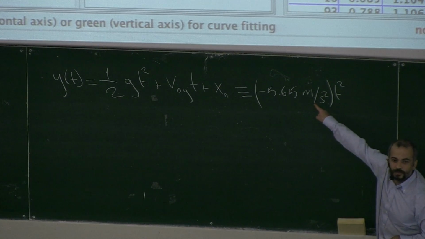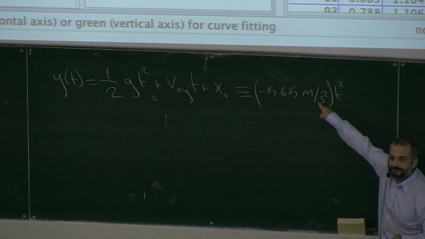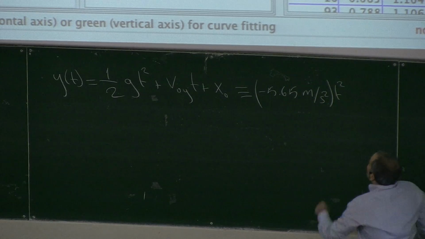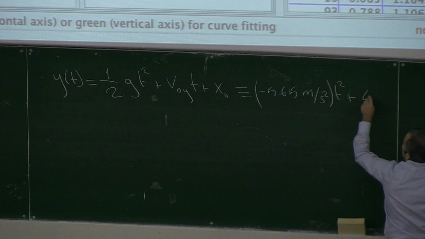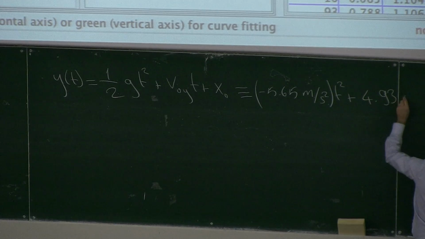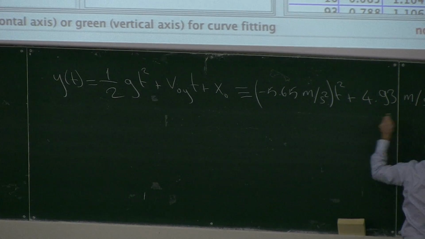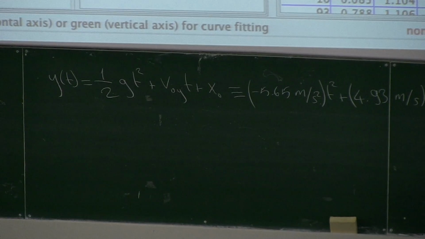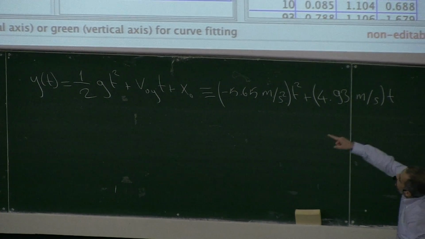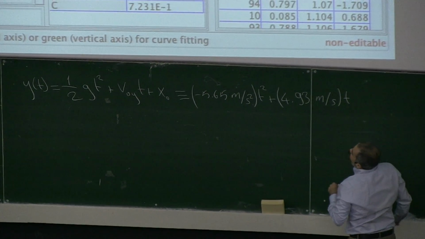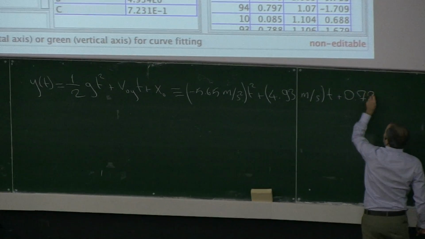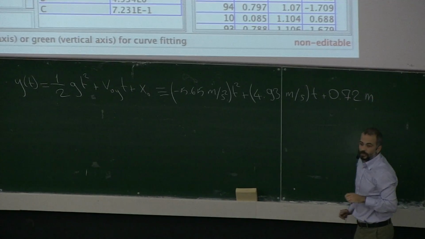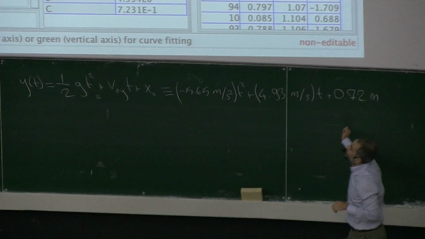You see where their units go? Plus B is 4.93 meters per second, t. And then C is 0.72. This is how the y coordinate of this object changes.